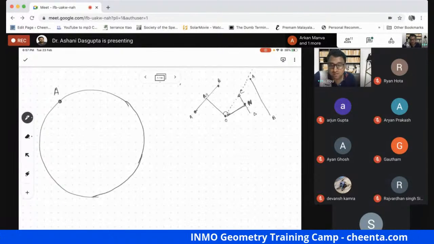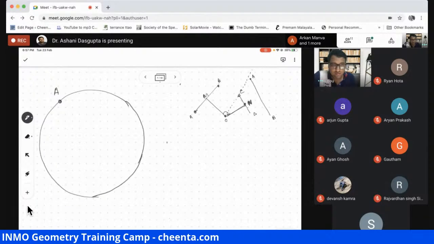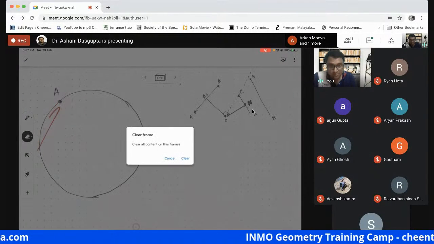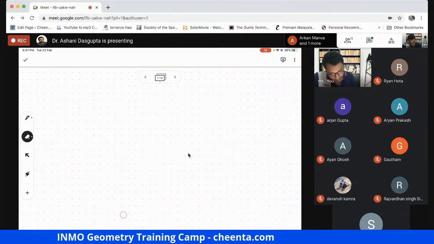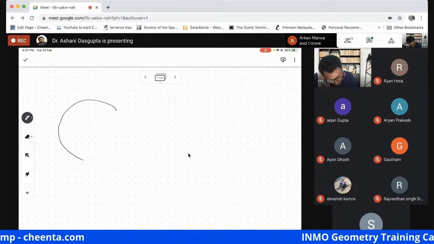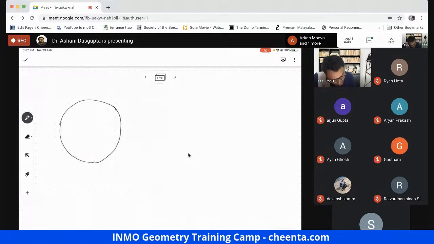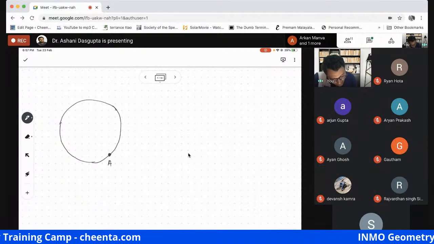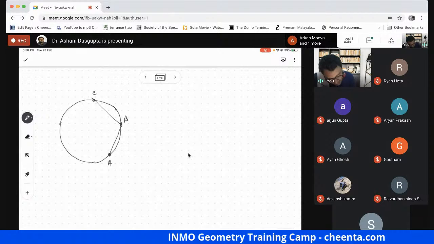Maybe I can draw it a little bit smaller because I'll need more space. So you have a cyclic quadrilateral ABCD: A, B, C, and D.